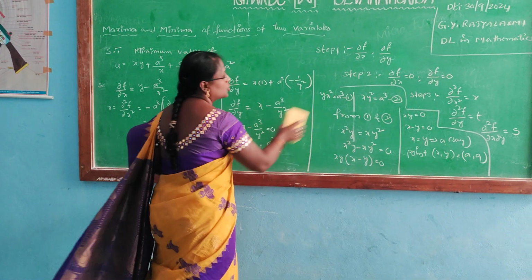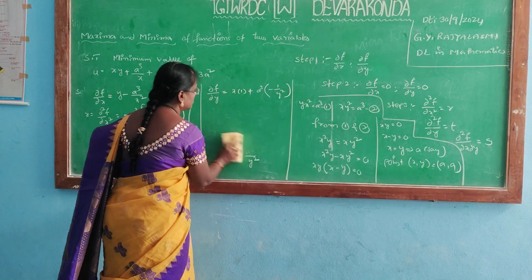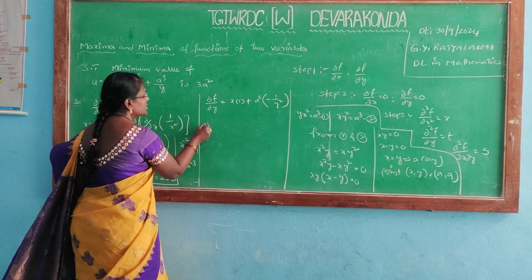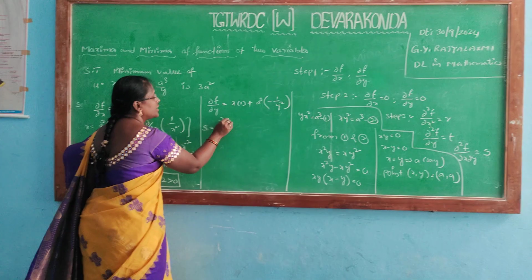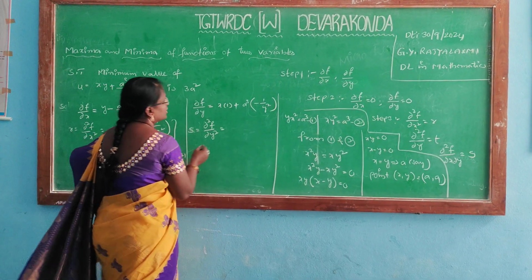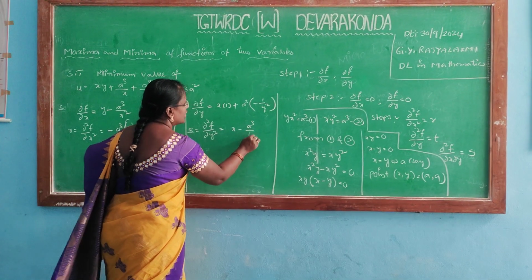And next, ∂²f/∂y². This is t, t equal to ∂²f/∂y². Remember ∂f/∂y is x minus a³/y².